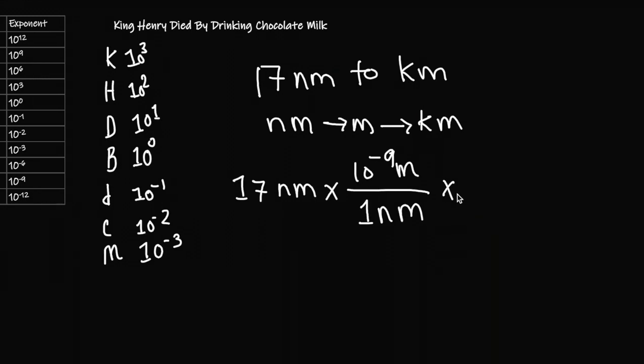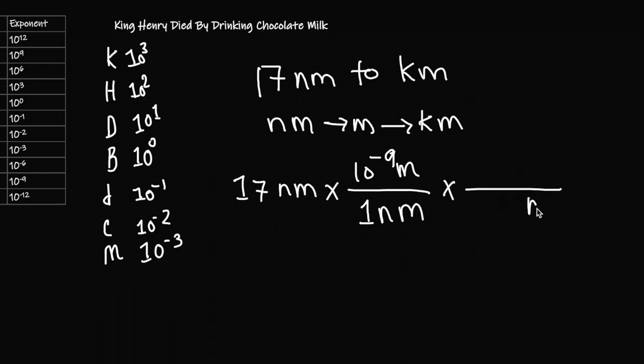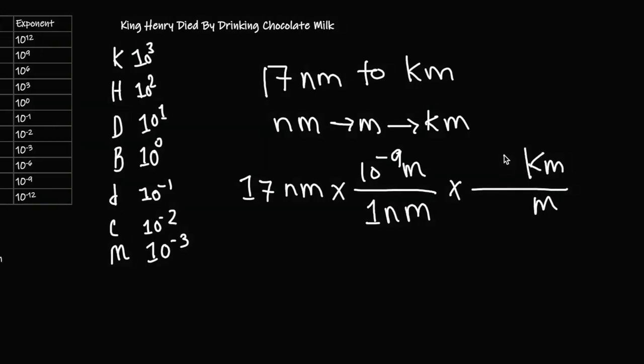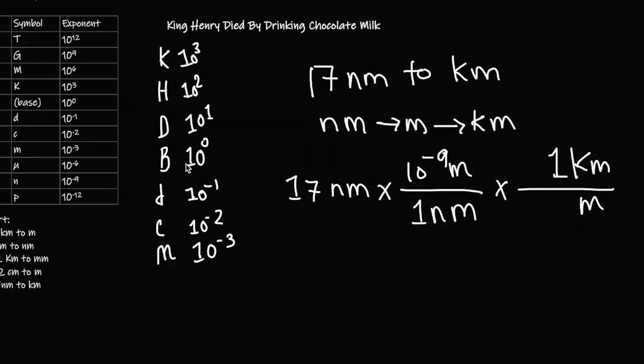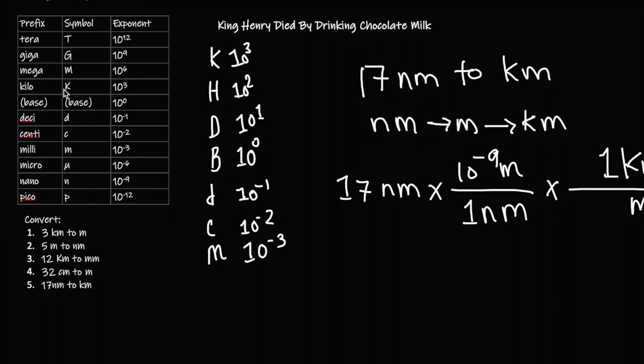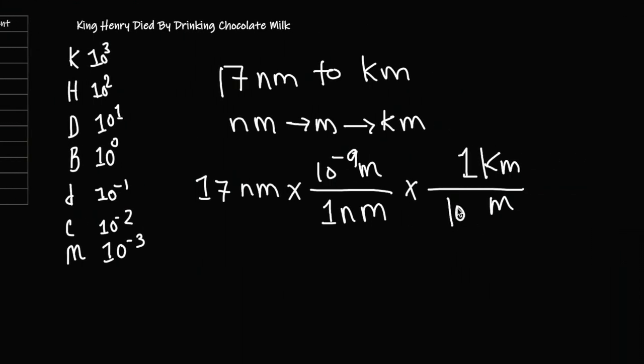Then we write times again. And then right now, we can write here meter. And on top, we'll be writing kilometer. Now again, with the meter, we have to write our unit. So for kilometer, we have 10 and the exponent is 3.